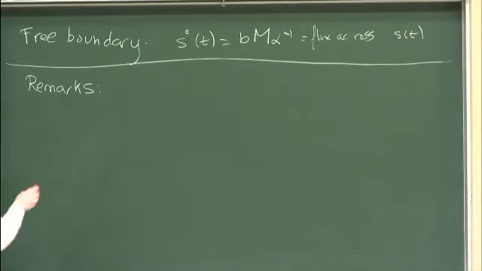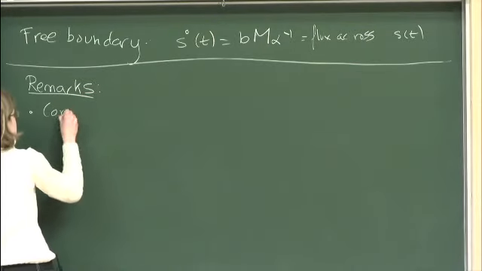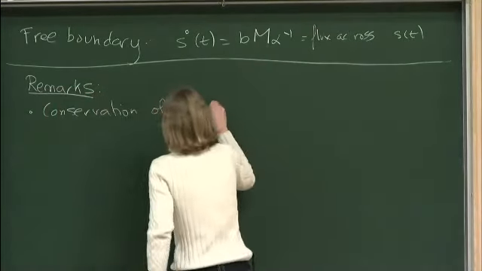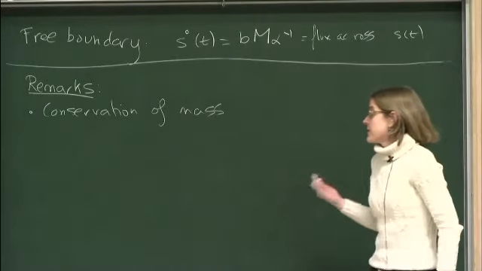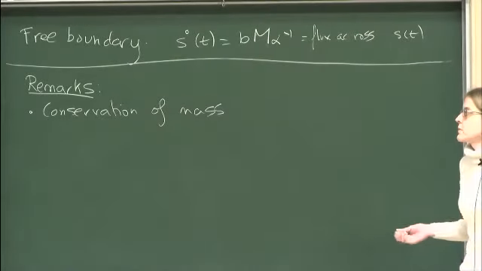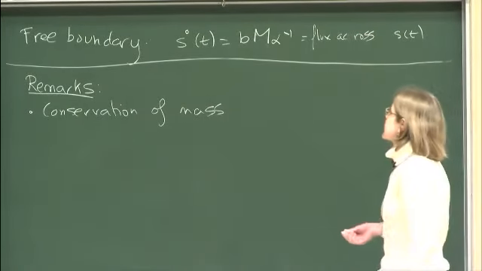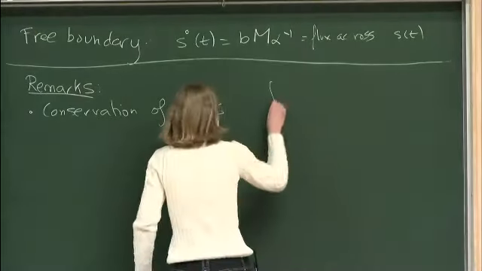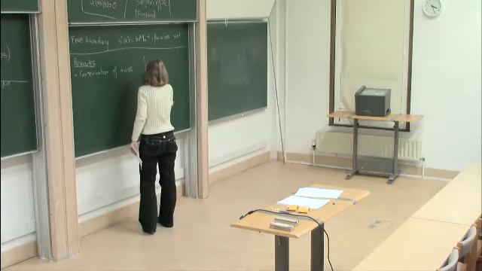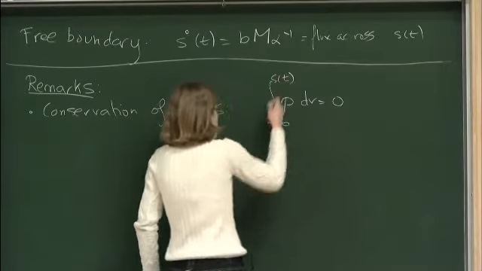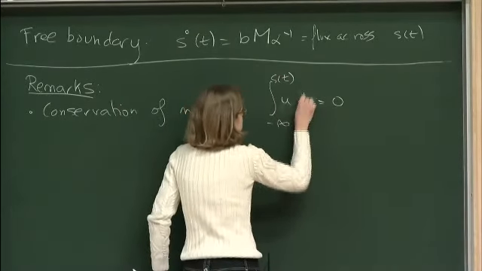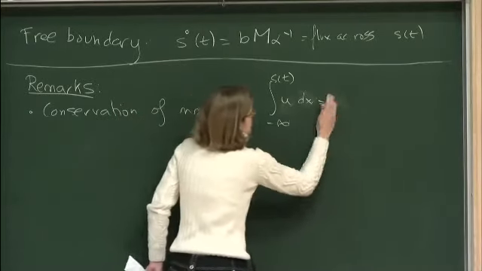The first remark is that we have conservation of mass. This was already pointed out by Jose, because after all, P is a probability measure, so it preserves mass. The integral of u dx between minus infinity and the free boundary equals 1.